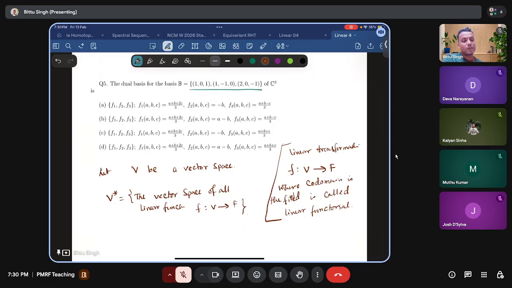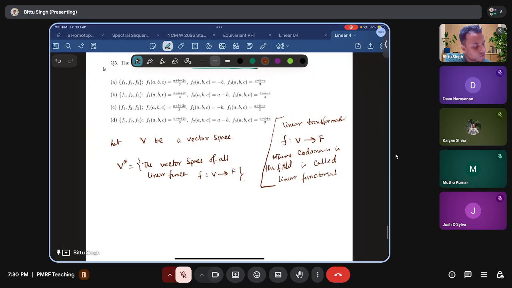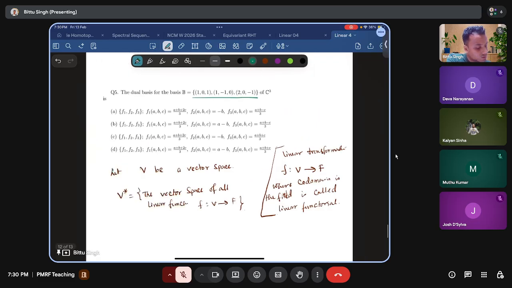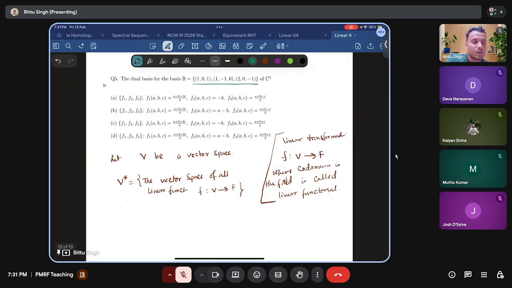So we need to find a basis for this V star. An important observation is that this V star is generated by the dual basis. So what is the dual basis?